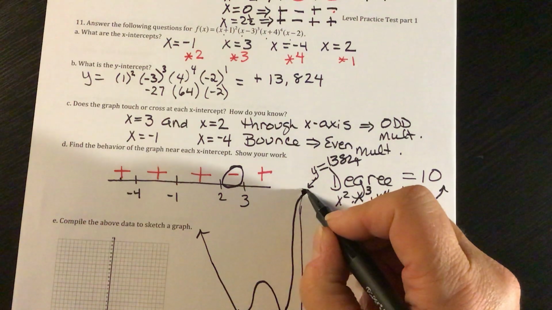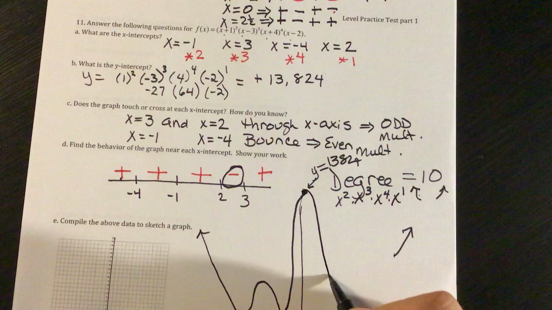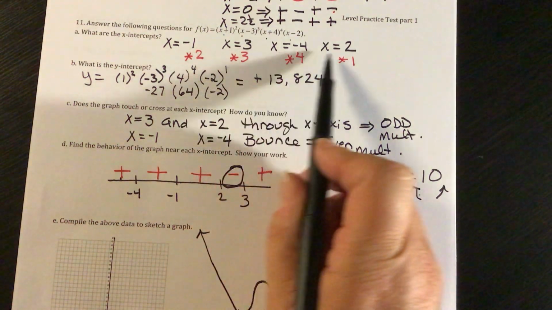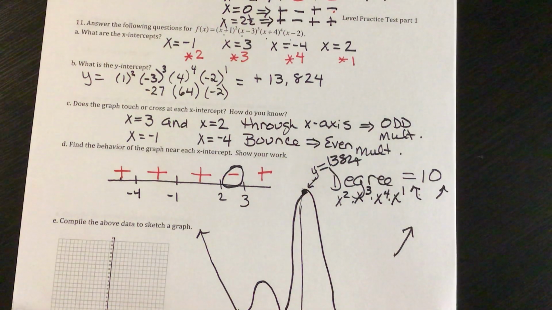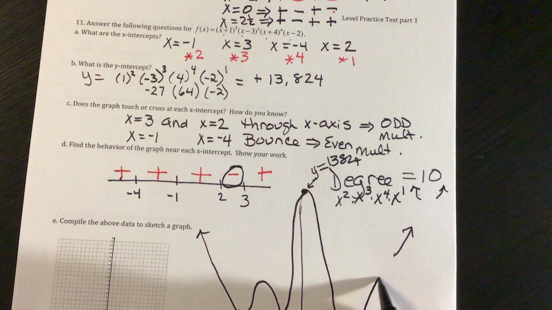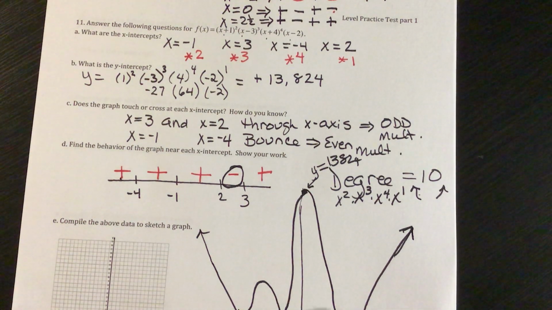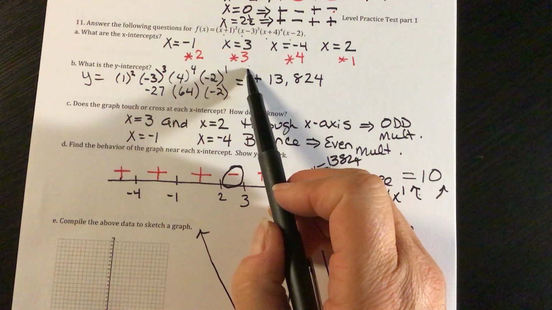Then it's going to turn back down, and it's going to get to 2. And if I look at what happens at 2, the factor 2 is an odd multiplicity, so it's going to go through it, and then it's going to turn back up and go through 3. And if I look at 3, 3 is also an odd multiplicity.